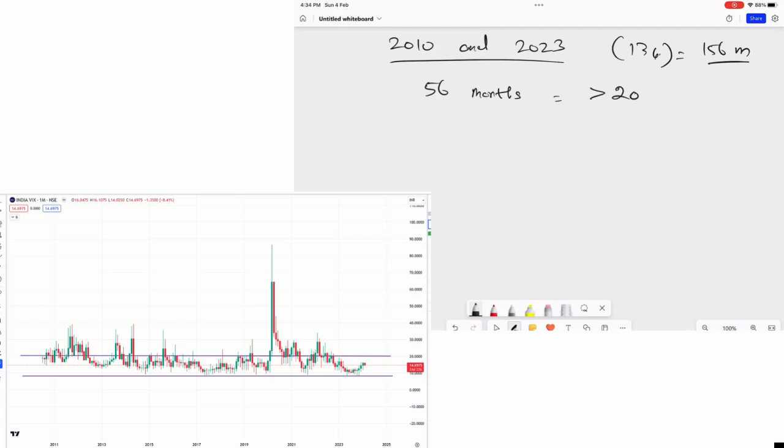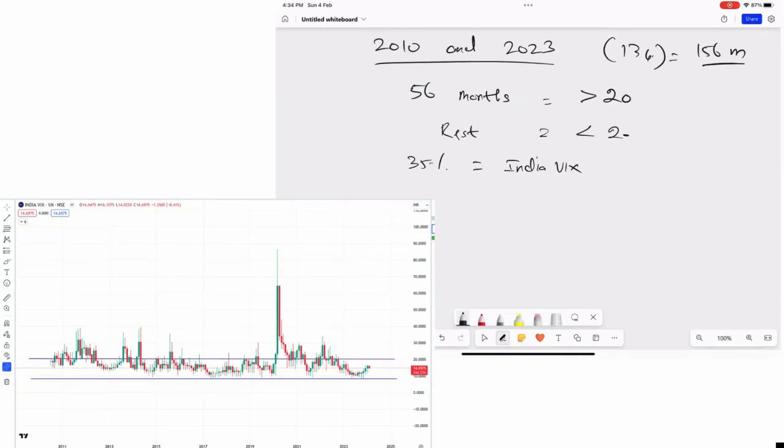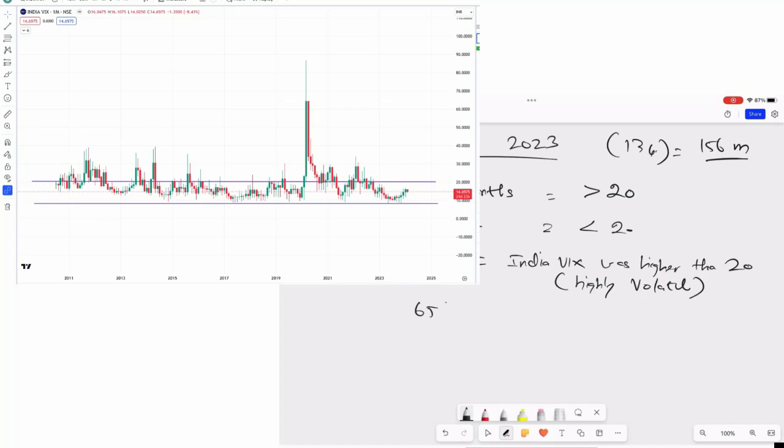The rest of the months, it was less than 20, which means 35% of the time, India VIX was high, and 65% of the time, India VIX was low to moderate, which is less volatile market.